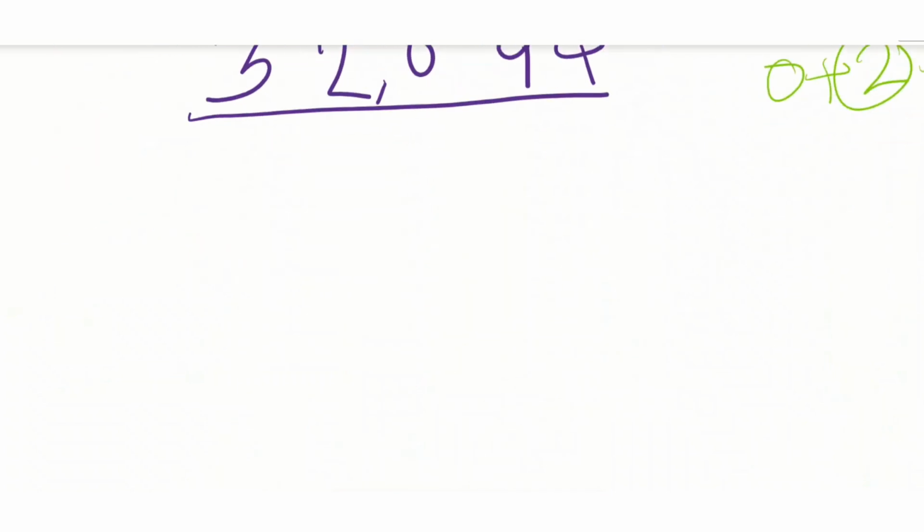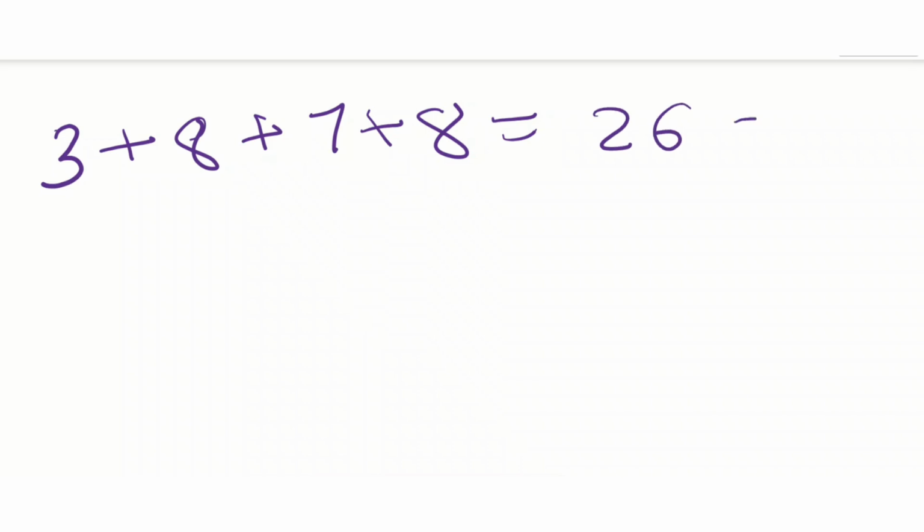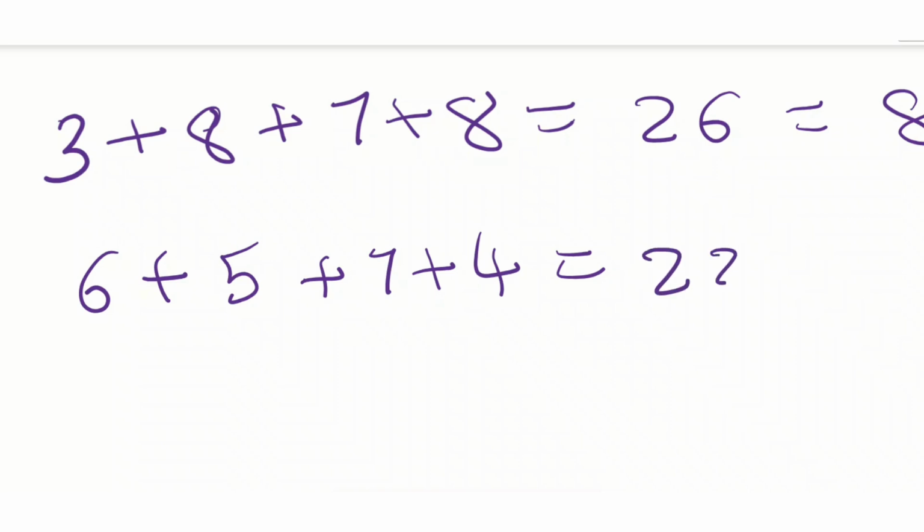32,694. Let's check whether this is correct. So we have 3 plus 8 plus 7 plus 8, which gives us 26, which becomes 8. 6. So this is basically, I'm finding the Navashesh of the given numbers. 11 plus 11, 22, that gives us 4.